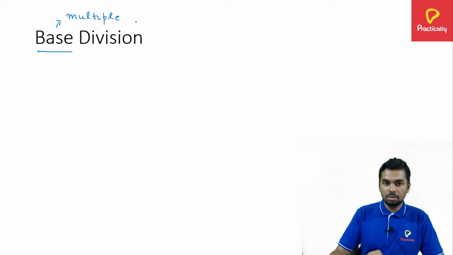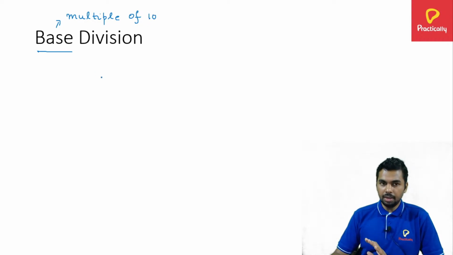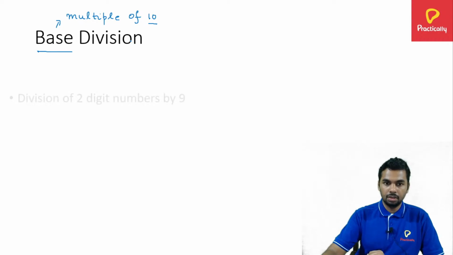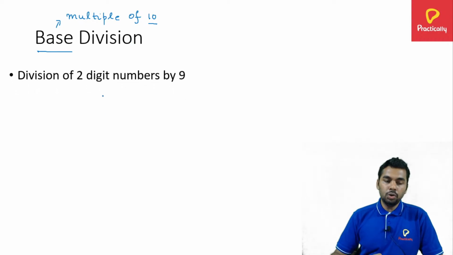So for convenience you can learn this definition. So in the beginning we are going to consider the simplest base, which is the number 10 itself. So I want to divide 2-digit numbers by the number 9. So I am just considering the simplest division case. I want to divide a 2-digit number.